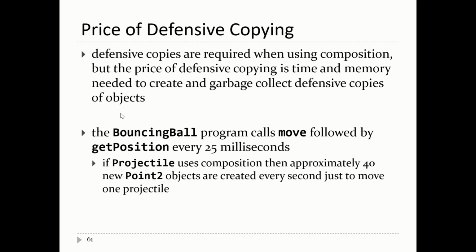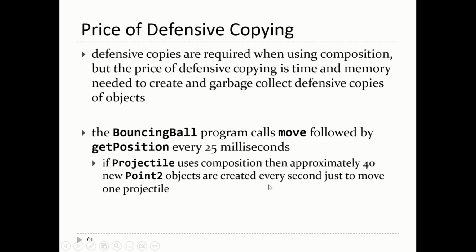So the bouncing ball program is basically moving the ball every 25 milliseconds. So if you're using composition instead of aggregation in the bouncing ball example, then you're making basically 40 point objects every second just to move the ball.